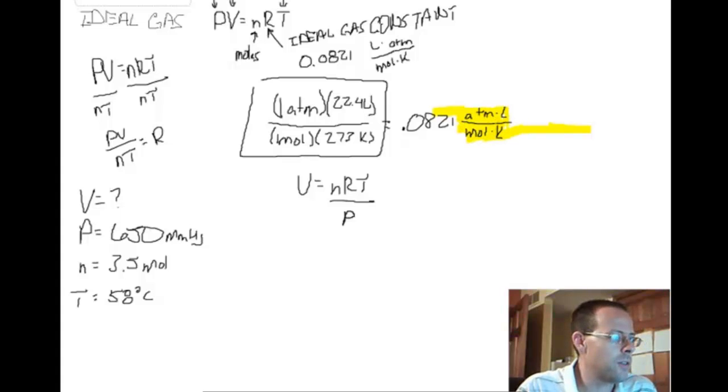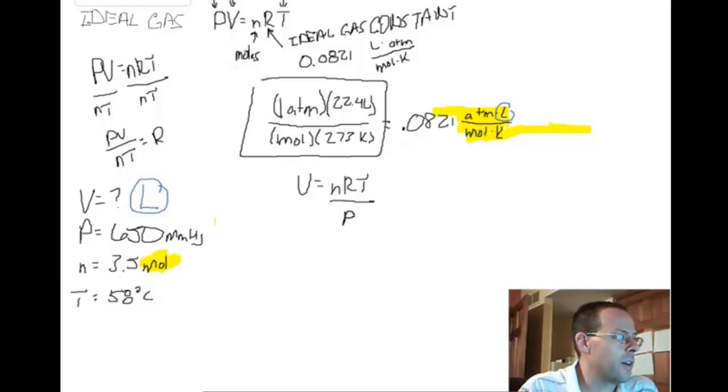So we need to ask ourselves, for my moles, is my unit in moles? And if we come down here to the bottom, we can see that yes, this is already in moles, right? What about my volume? Well, I don't know my volume, but whenever it comes out, I can be sure that my volume is going to be in liters, alright? Because up here, the ideal gas law, the volume part, is in liters.